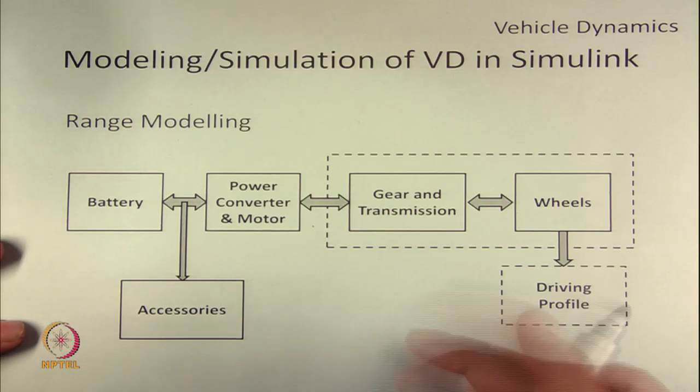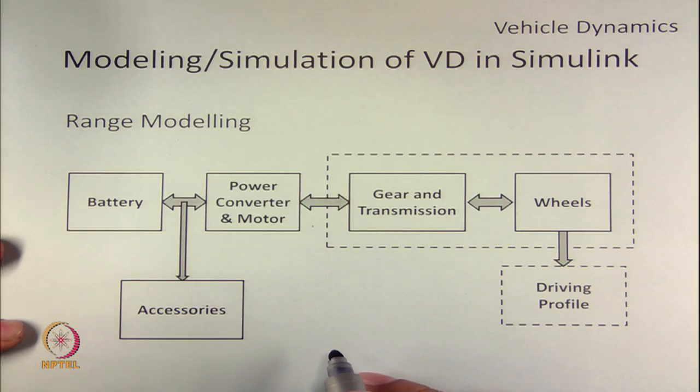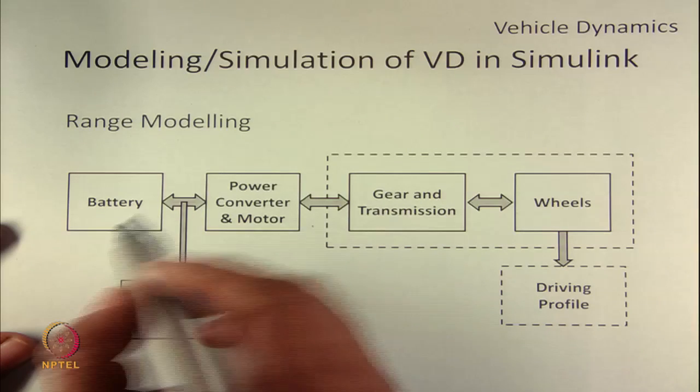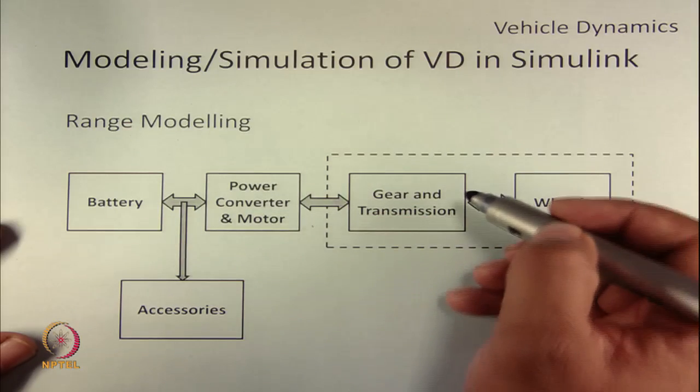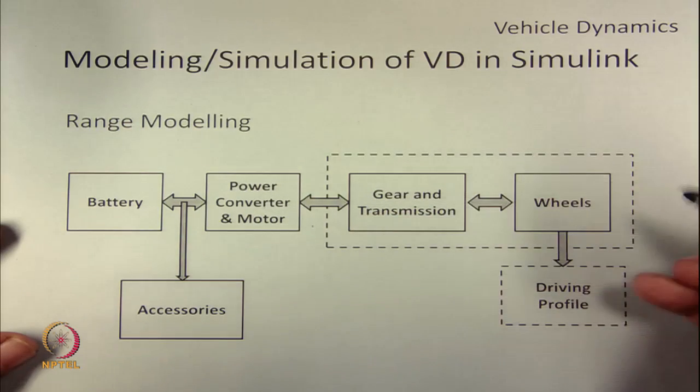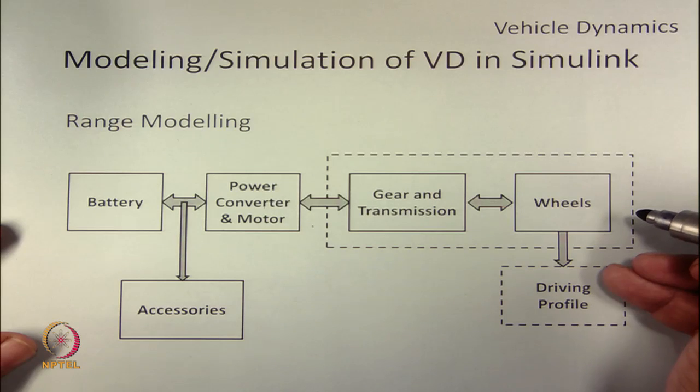When we see the total system of, let us say, a battery electric vehicle, it consists of a battery followed by power converter and motor, gear and transmission, and wheels of the vehicle.